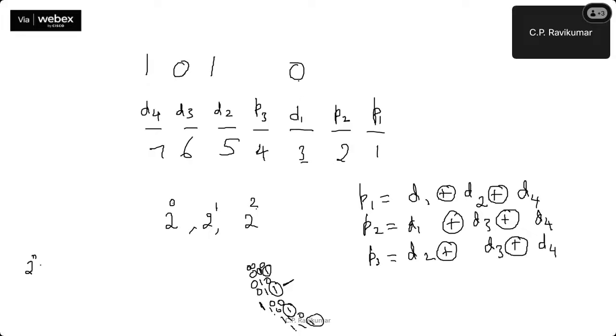So D1 is 0, D2 is 1, and D4 is 1. So this will be 0. Then P2 is D1, D3, and D4. So D1, D3, and D4, okay, so it will be 1, right? And D2, D3, D4 is all 1, 0, 1. So this will be 0.